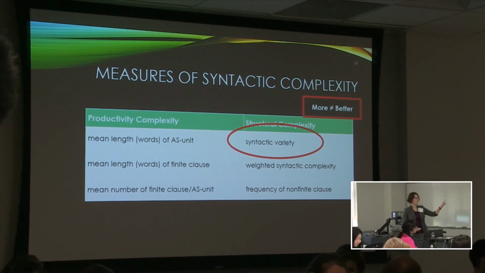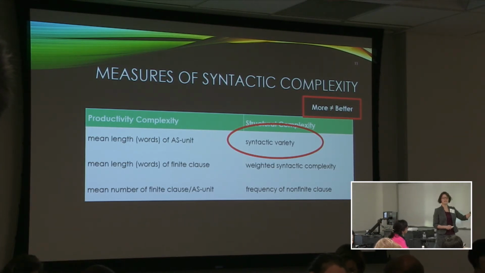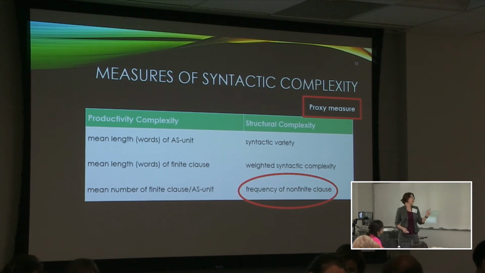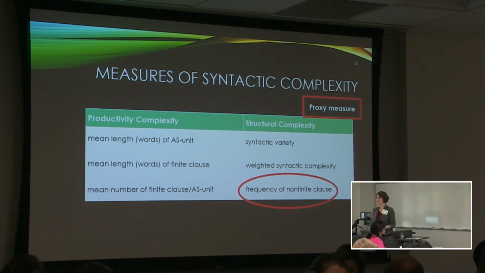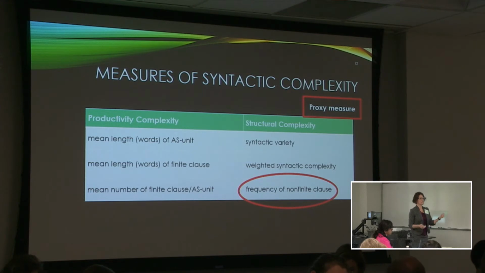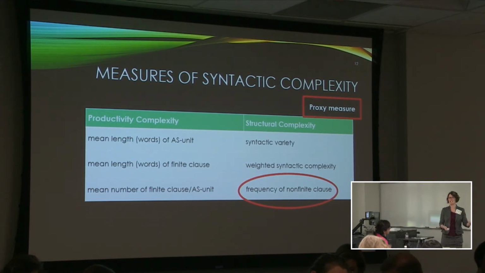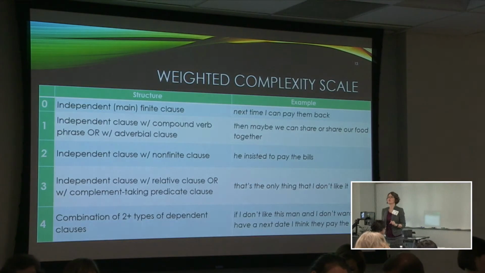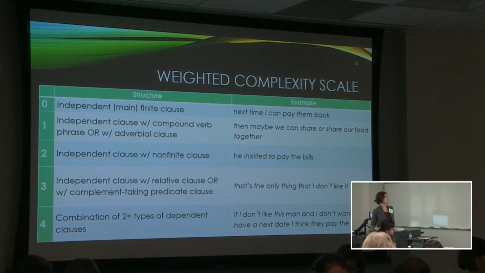I'm going to skip over the weighted syntactic complexity measure, because we're going to talk about that in a little bit. And I also chose frequency of non-finite clauses as a proxy measure, right? Sometimes if we could get a measure that kind of represents the concept, and we can just use that, that would be great.